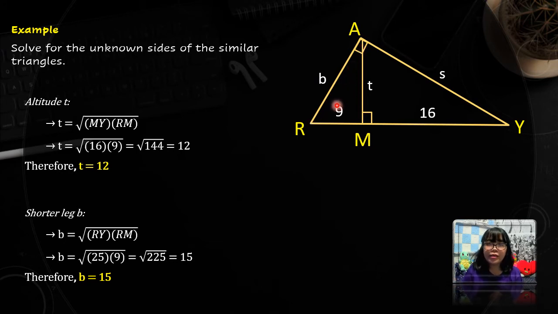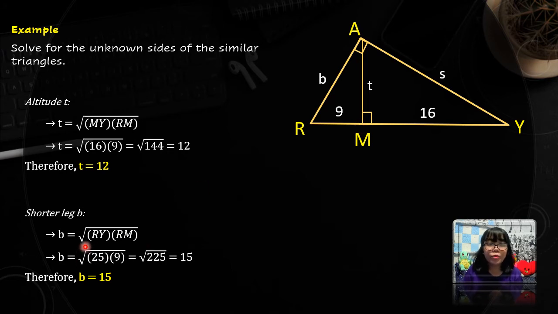So again, using the special properties of our right triangle, this leg here is the geometric mean between the hypotenuse of our bigger triangle or original triangle and the segment adjacent to our leg. So the segment adjacent to our leg is RM. So B will be equal to the square root of the hypotenuse, which is RY, and the segment adjacent to it, which is RM.